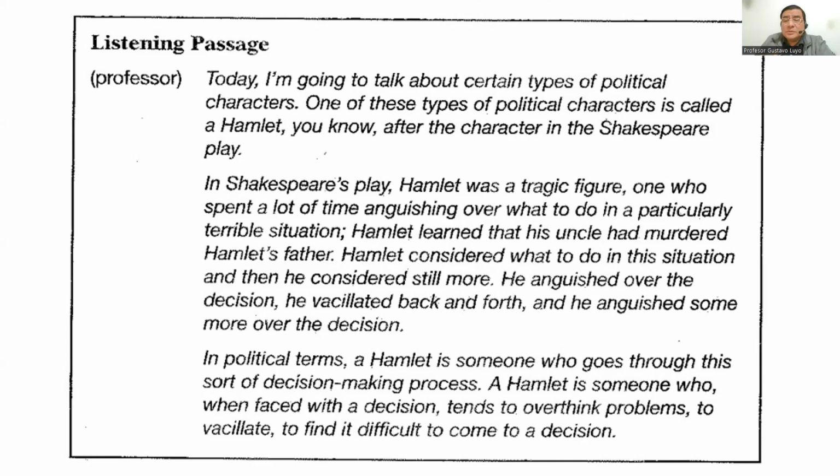Hamlet considered what to do in this situation, and then he considered still more. He anguished over the decision. He vacillated back and forth, and he anguished some more over the decision. In political terms, a Hamlet is someone who goes through this sort of decision-making process. A Hamlet is someone who, when faced with a decision, tends to overthink problems, to vacillate, to find it difficult to come to a decision.